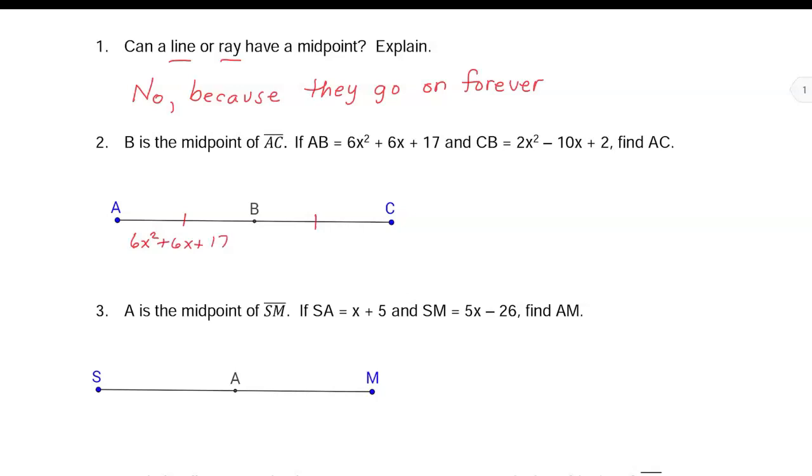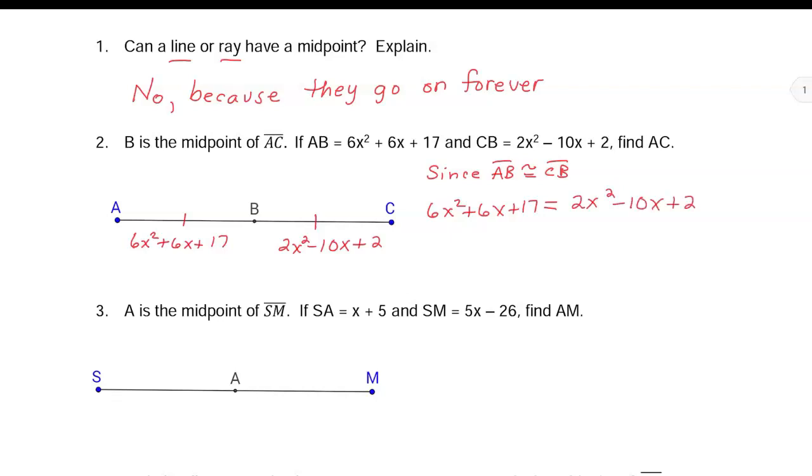And then CB is 2x squared minus 10x plus 2. Since AB is congruent to CB, then you could say 6x squared plus 6x plus 17 equals 2x squared minus 10x plus 2.